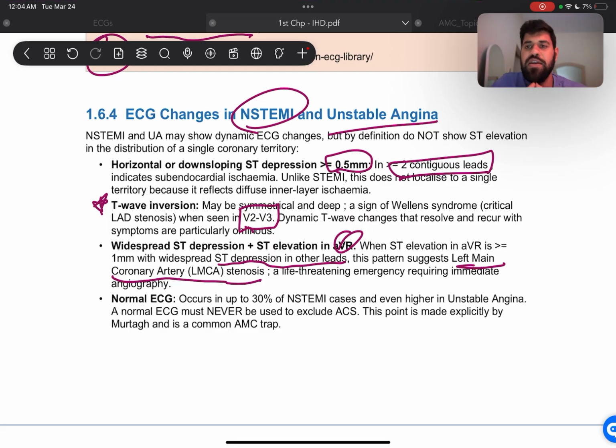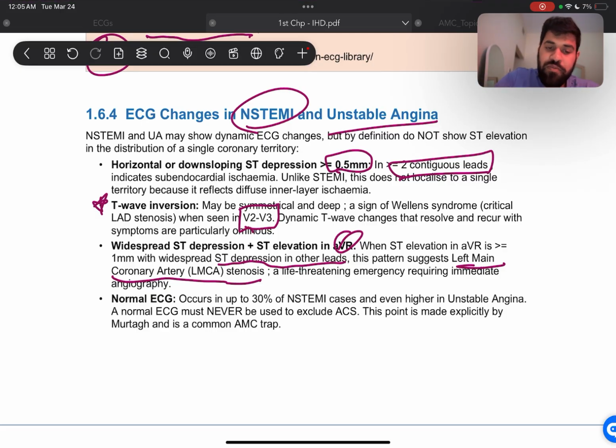The left main coronary artery supplies a lot of the vessels of the heart. However, let's leave it for our next chapter. But you have to remember that if there's widespread ST depression and ST elevation in AVR, then it is an emergency, and we need to get an angio done.